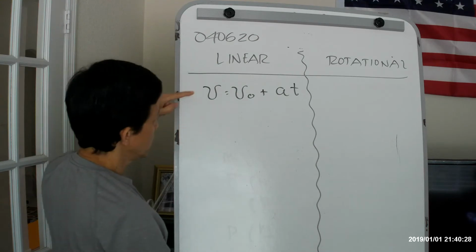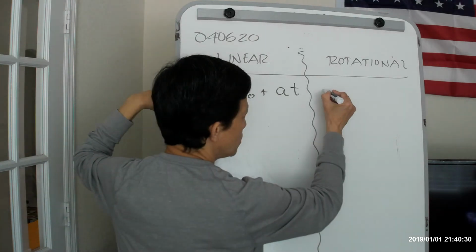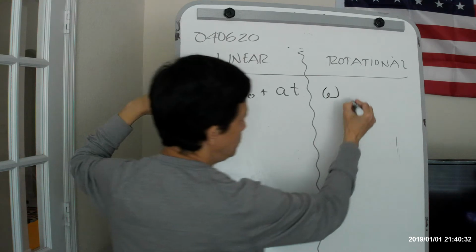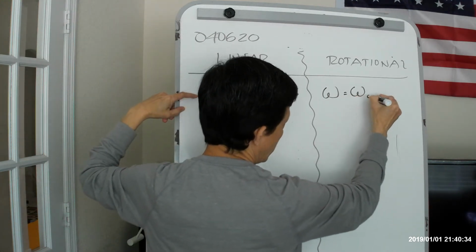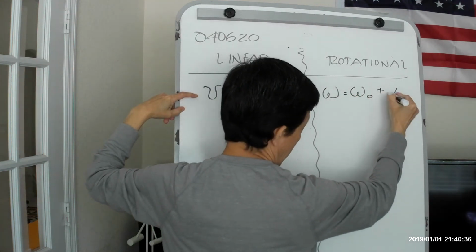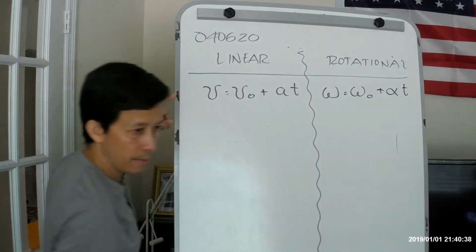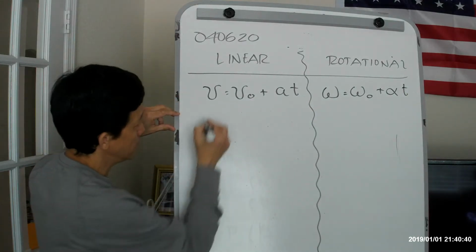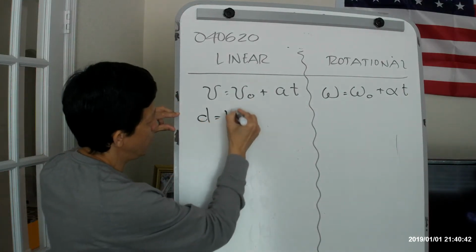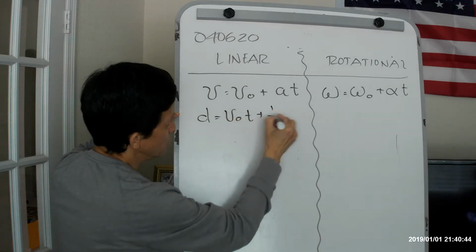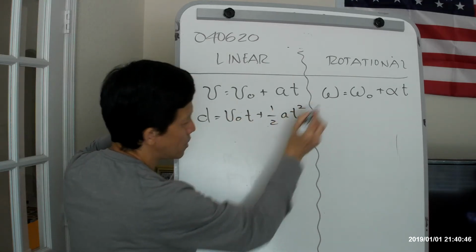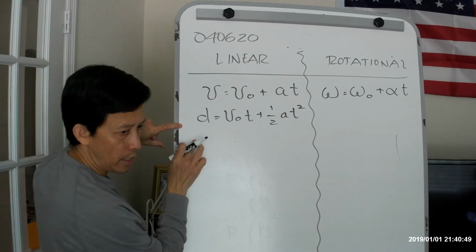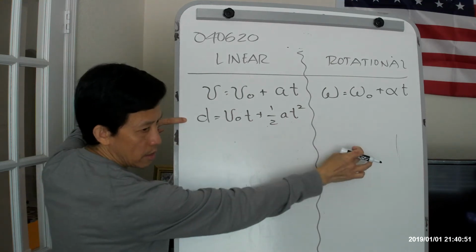Yes. So your v turns into omega = omega naught plus alpha t. Then d = v naught t plus 1/2 a t squared. We can translate this to rotational.